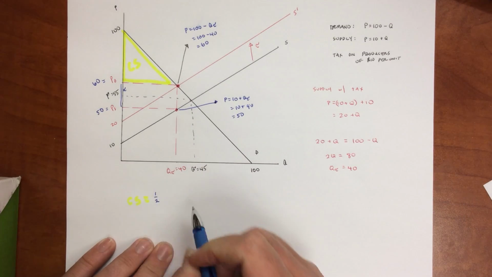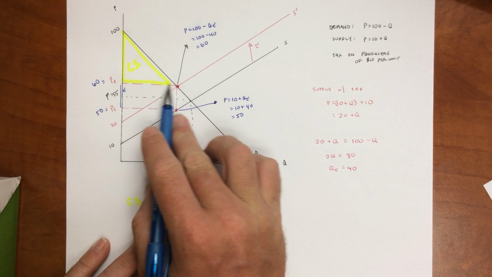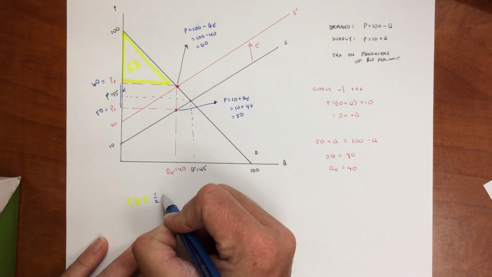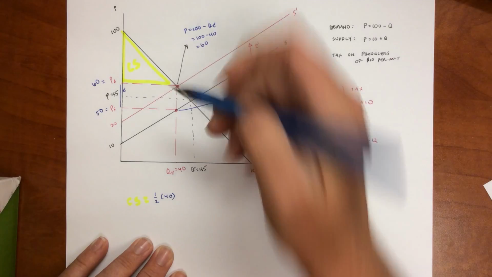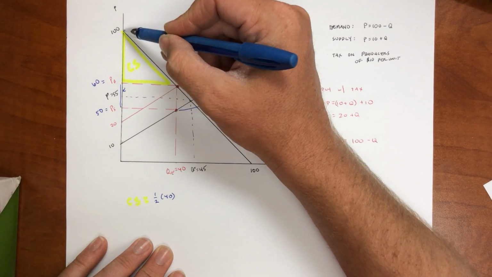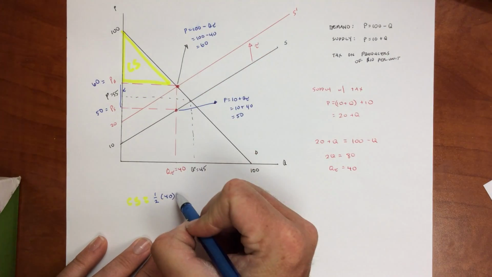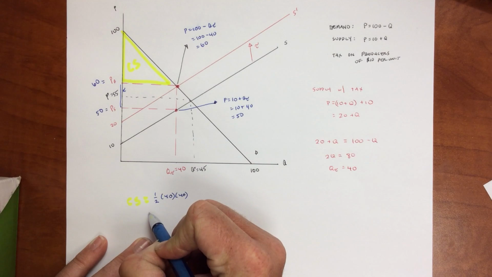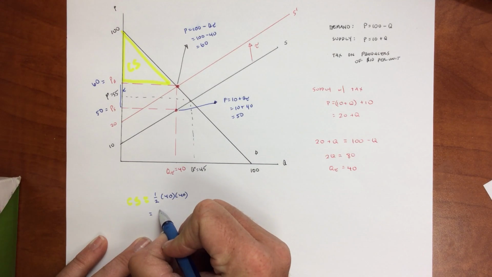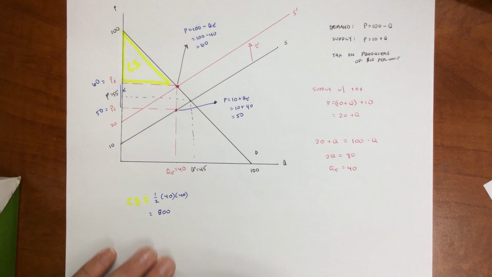The base of this is this distance here, which is Q with tax, or 40. And the height is 100 minus 60, which is also 40. So 1/2 times 40 times 40 is 800. So that's the consumer surplus.